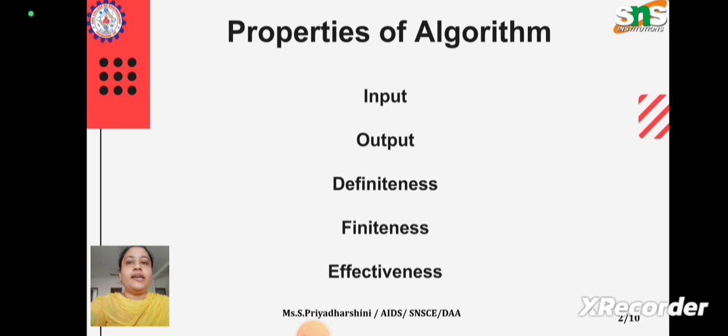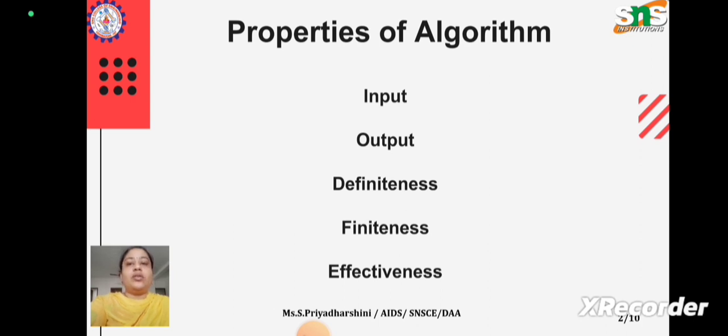Let us see all the characteristics one by one. The first characteristic of an algorithm is input. So what is an input? Input means an algorithm must accept either 0 or more inputs. That means without having input also we can write the algorithm. Let us assume that we want to display the "Welcome to C programming" message on the monitor.